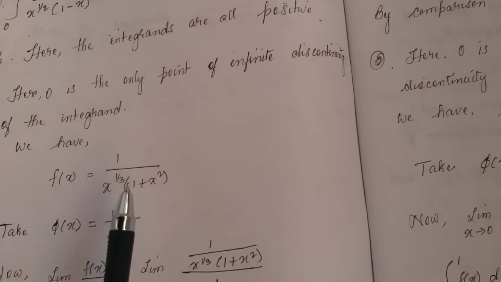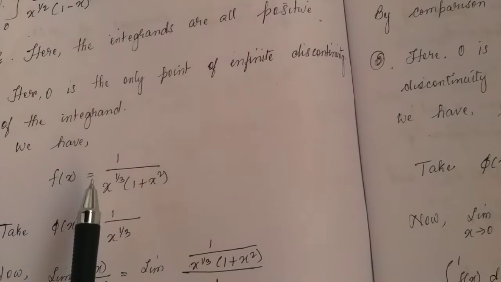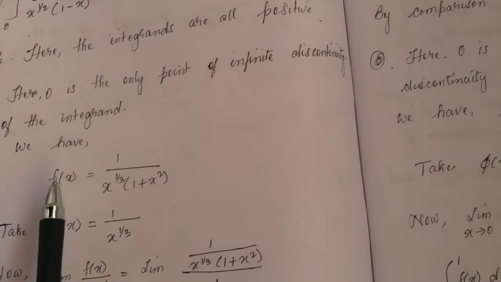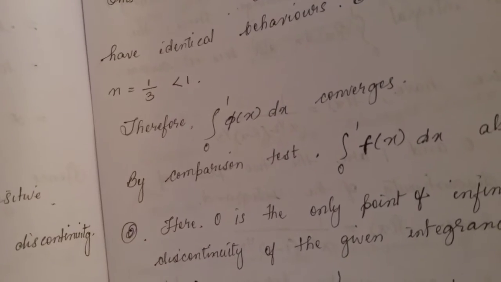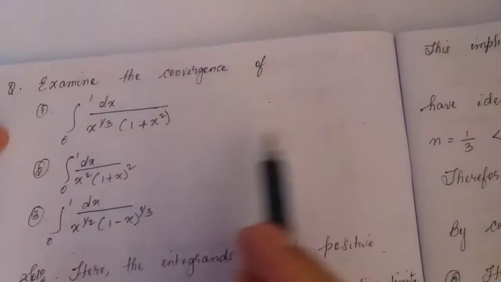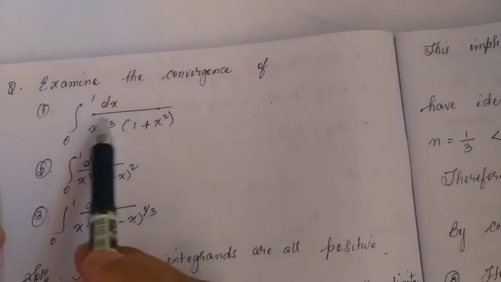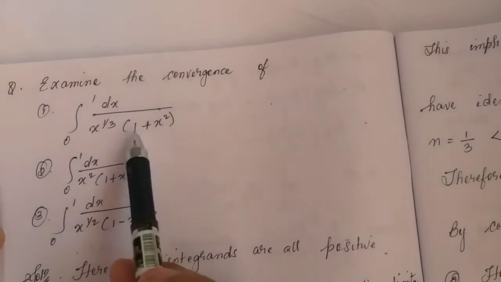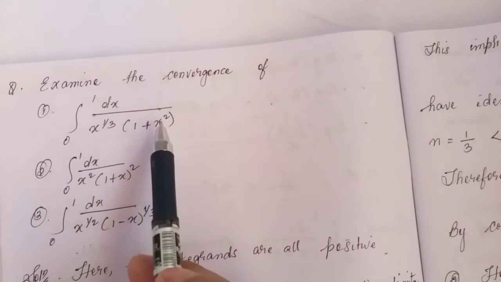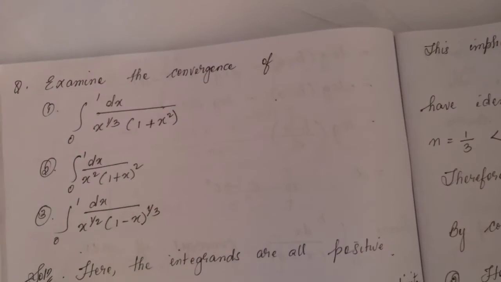Therefore, we conclude that this integral from 0 to 1, dx by x to the power 1 by 3, then 1 plus x squared, is convergent.